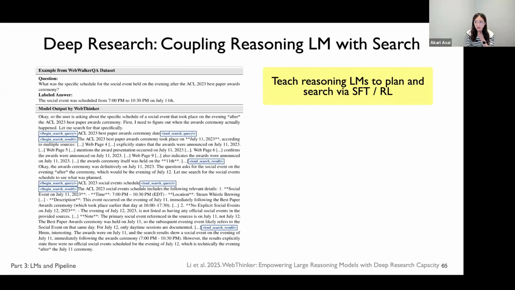Yeah, I think my guess is most of the industry deep research systems are pretty much retrieval augmented generation systems. And right now, for deep research applications, I assume they couple a reasoning language model with search tools.